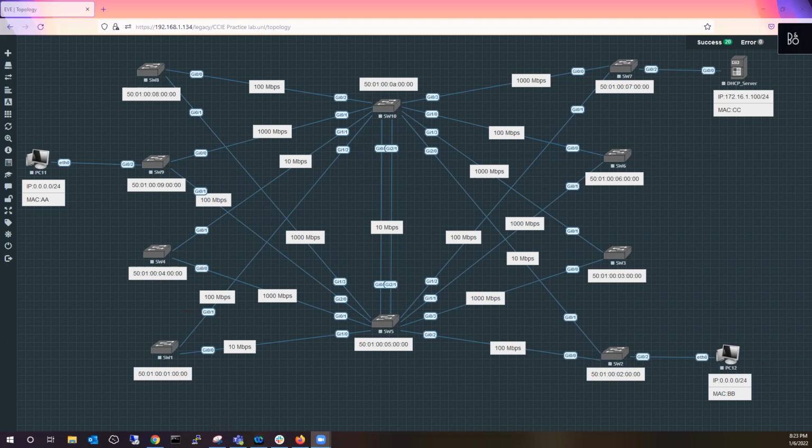Zamir, can you tell me which switch is the root bridge within this topology? Yes, I'm here. I'm still looking at it. One second, take your time.